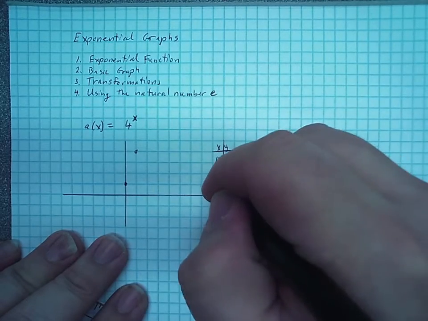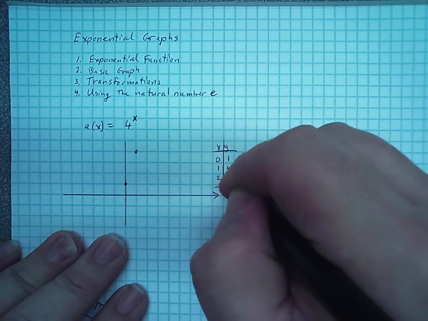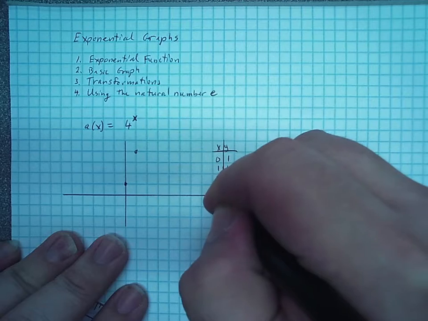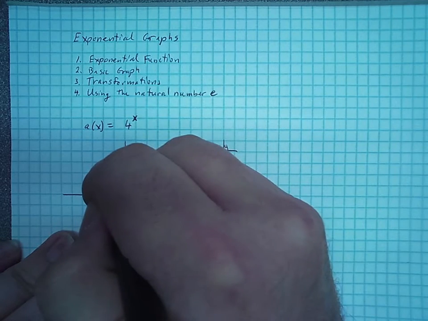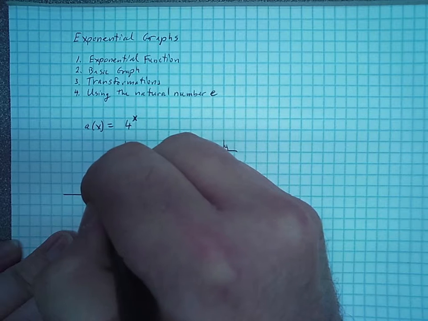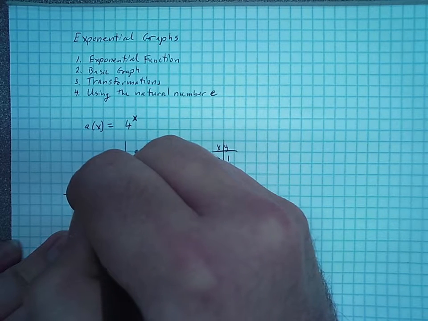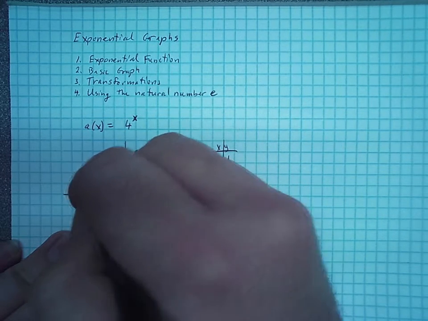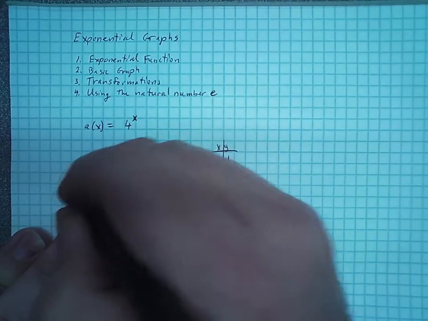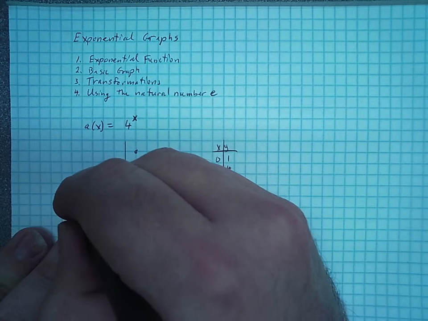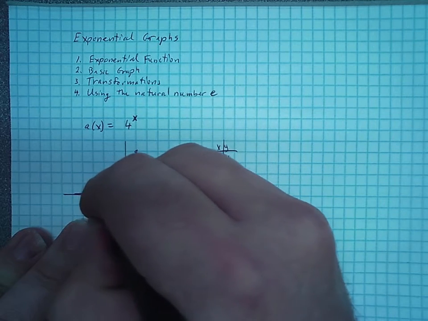To the left, -1 would be 1/4. -2 would be 1/16. So it's going to get as small moving to the left as it gets big going to the right. So we've got the horizontal asymptote here on the left, and we have the unbounded growth here on the right.